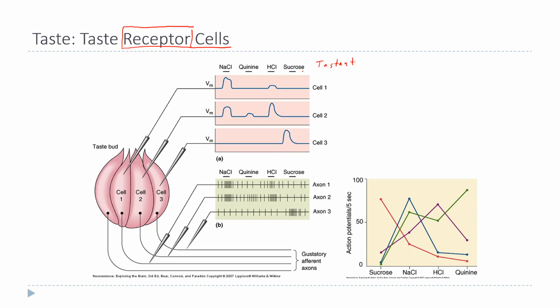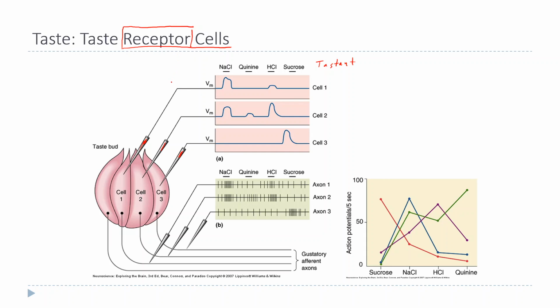And so to figure out which tastant a taste receptor cell responds to, you can record the membrane potential of those cells, just like you can with neurons. So here we've got 3 different taste receptor cells inside a single taste bud, and there's an electrode in each one. These are electrodes that are stuck into the taste cells. Again, you would do this under a microscope, and you're recording the membrane potential of each cell.